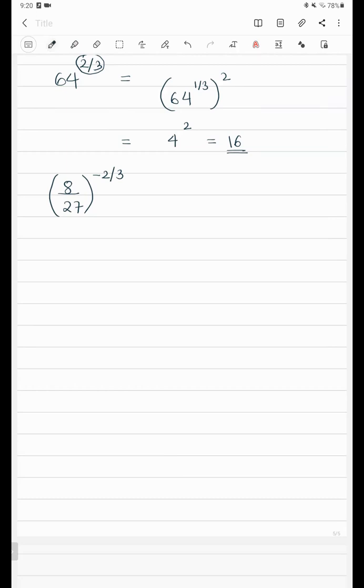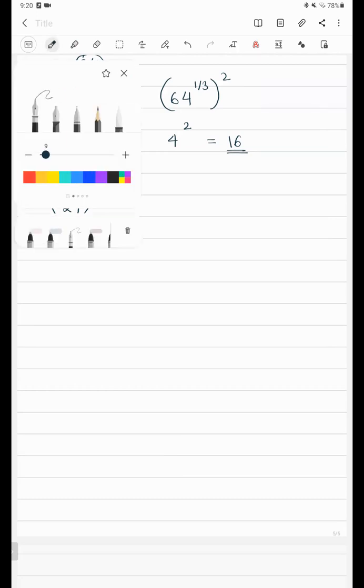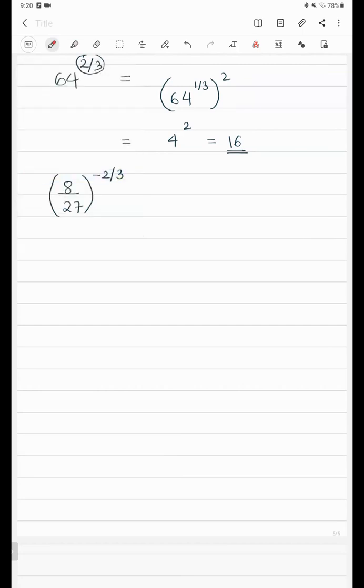Ma'am, 8 upon 27, bracket, minus 2, bracket close, and 1 by 3. Okay, great. But what we need to do first is over here we have a minus sign. So we need to get rid of that minus sign first. How do you think we can do that? Ma'am, by taking a reciprocal, right?